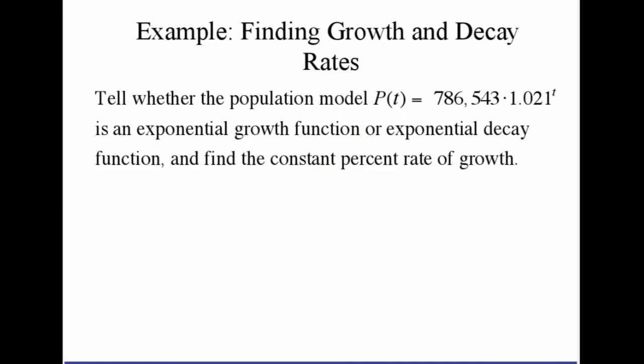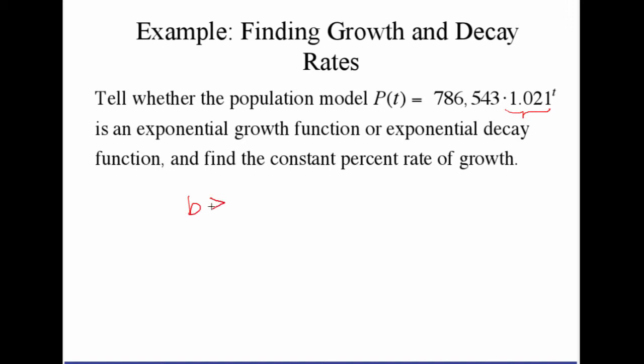Tell whether the population model P of t, which equals 786,543 times 1.021 to the t power, is an exponential growth function or exponential decay function, and find the constant percent rate of growth. What we have to do is look right here at this value, 1.021. From what we looked at in the last section, that's our b value, or our base.